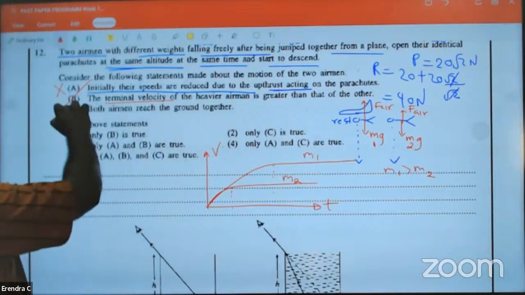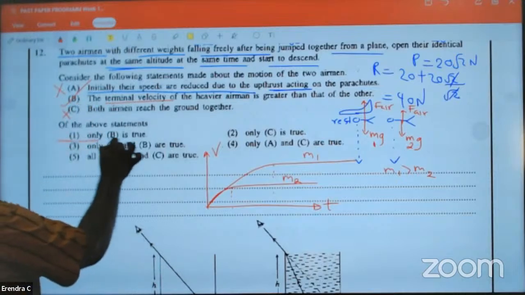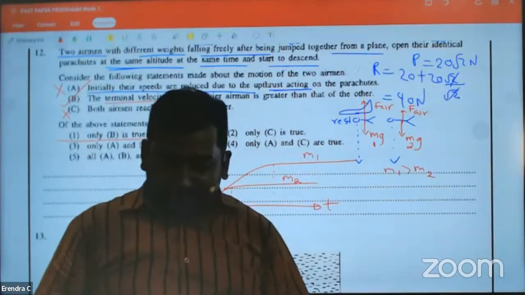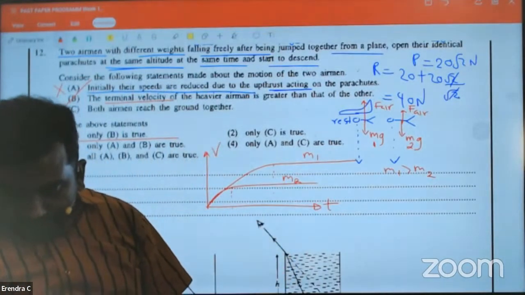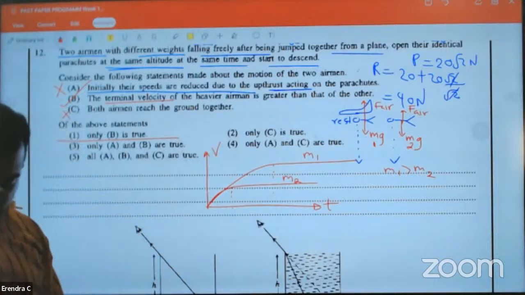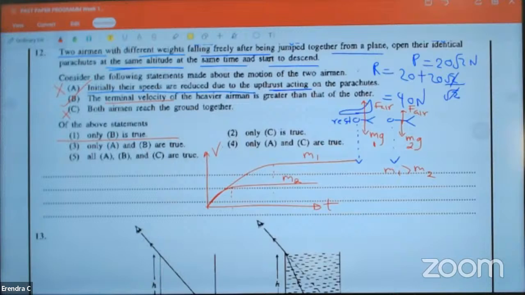Okay? Statement C is wrong. Only B is correct. Statement A is correct right there: the heavier man has a larger terminal velocity.